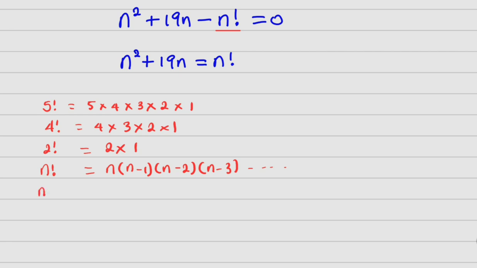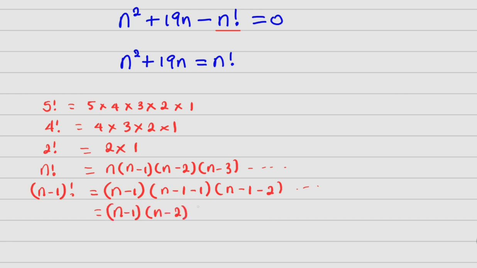Also, if I have n minus 1 factorial, it is the same thing as saying n minus 1, then into n minus 2, into n minus 3, and it goes like that.